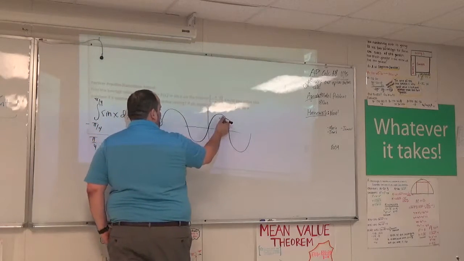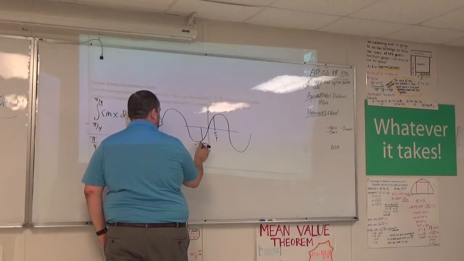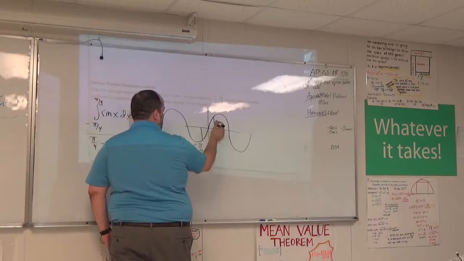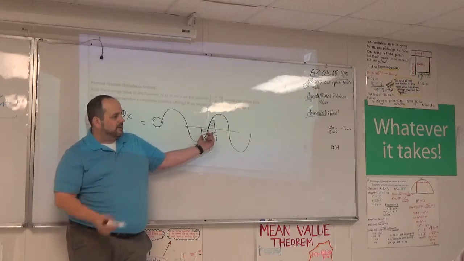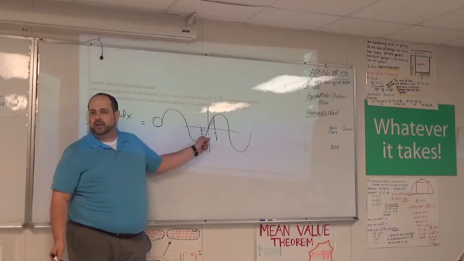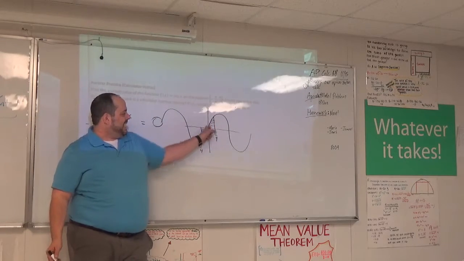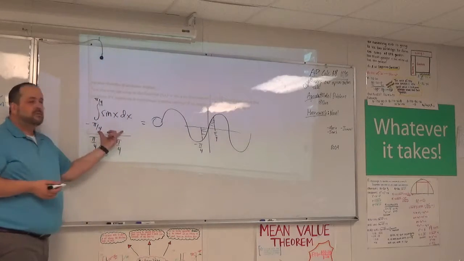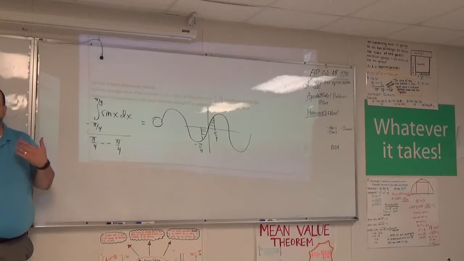What I want you to find is the area from negative pi over 4 to pi over 4. Because you have an odd function, because you have the rotational symmetry, what's the total area between negative pi over 4 and pi over 4? 0. These cancel, and so if the numerator is 0, then what you're dividing by is going to keep this equal to 0. Everybody good?